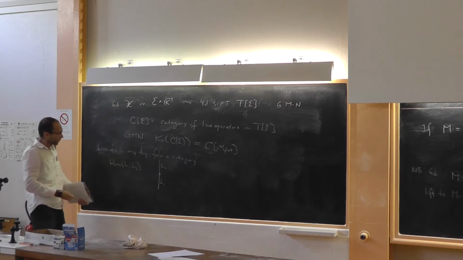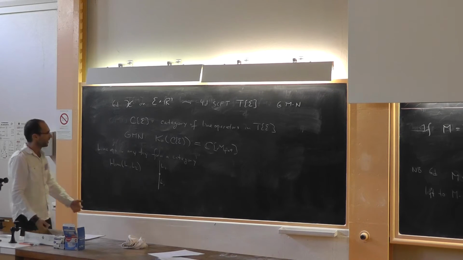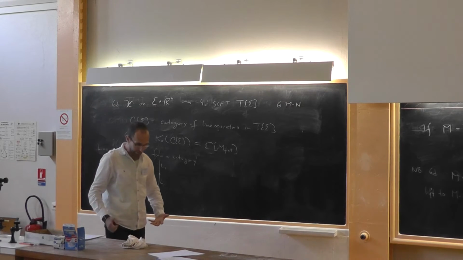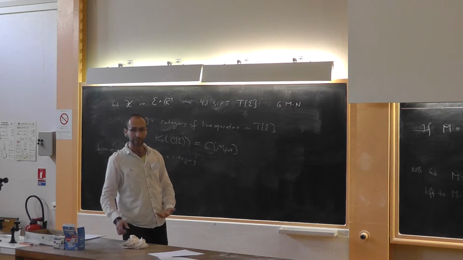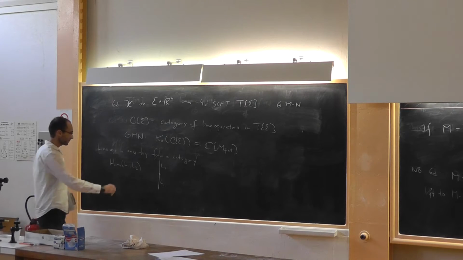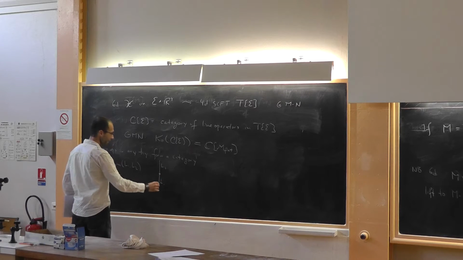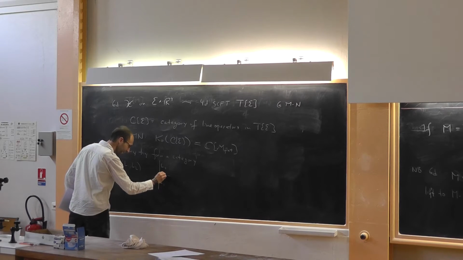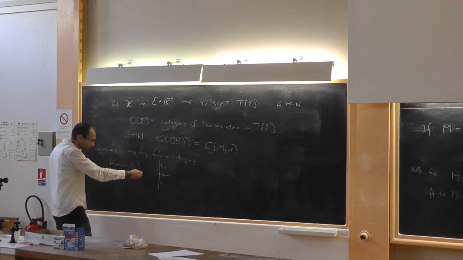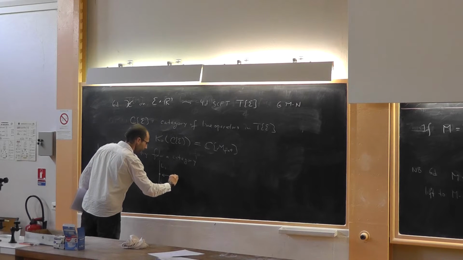So these line operators are objects supported literally on a line in the theory. An example are Wilson lines in Chern-Simons theory that Witten used to include knots. So if I put two of them back to back, there is a vector space of local operators that can be inserted between them, and that's the home space.